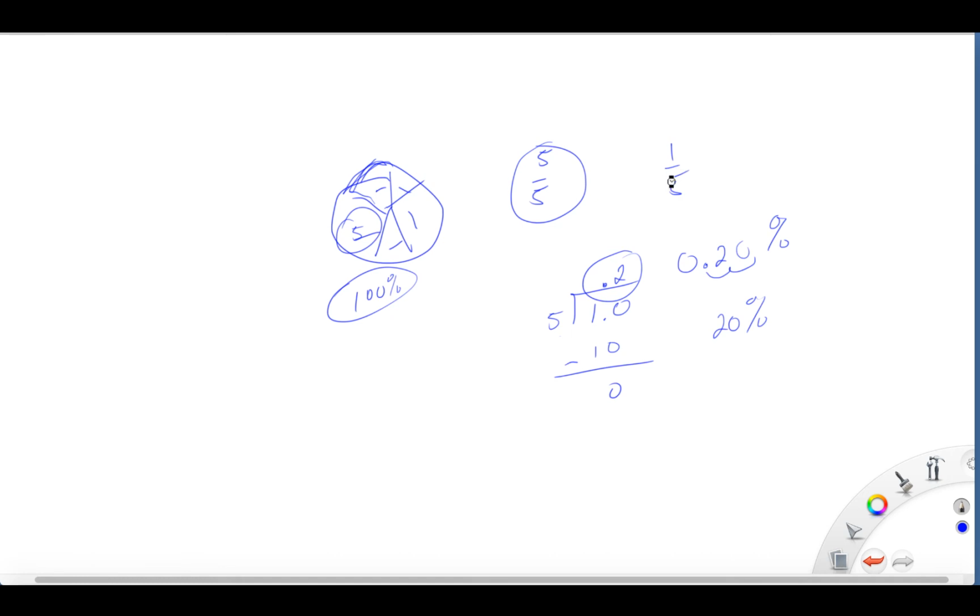Example 4 on page 311 gives a bunch of different fractions, and we're just going to convert them to decimal numbers. I'm going to pick on B just for fun. We see 7 over 4. How do we set that up?